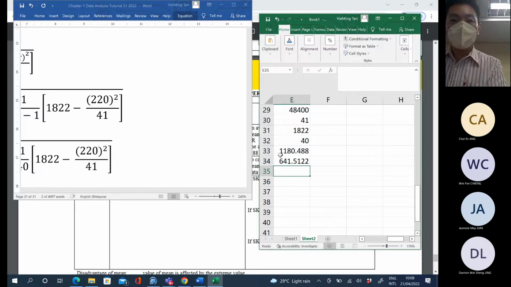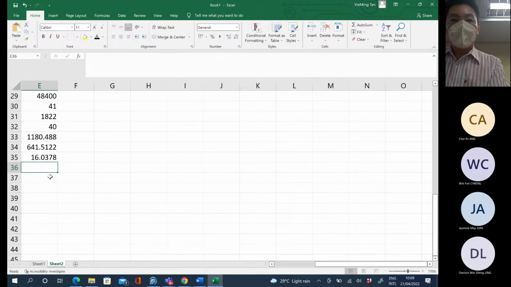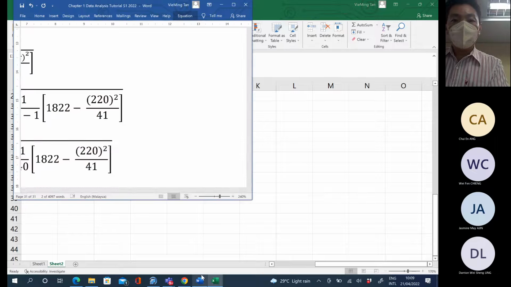The difference between this is 600 plus 641.551. So now I want to get it divided by 40. You'll get about 16.04. Let's square root the whole thing. 16.04 is the number inside here.